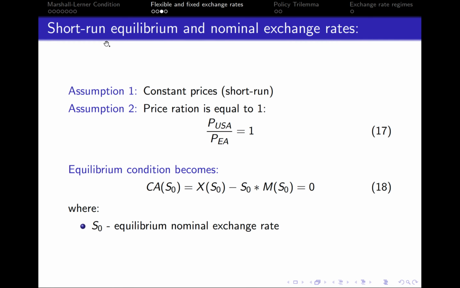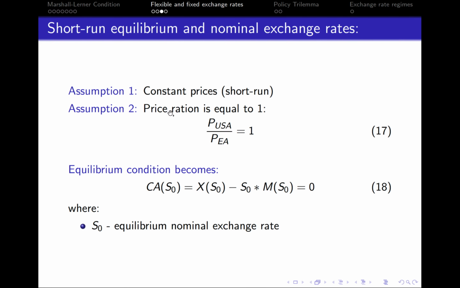Okay, now let's look at this a little more closely from a strictly short-run perspective. We need to make two very simple assumptions. First, because we are considering the short run, we are only discussing changes in nominal exchange rates. We are disregarding changes in prices, assuming simply that prices are constant.